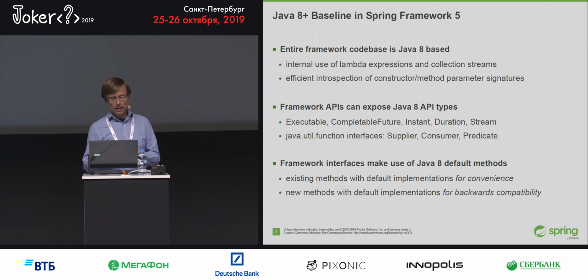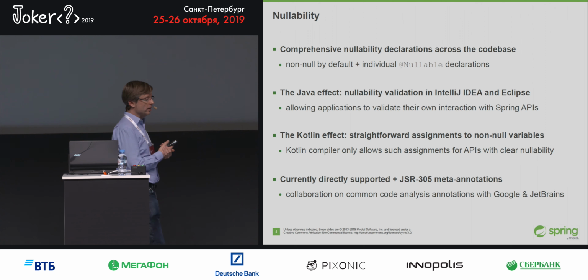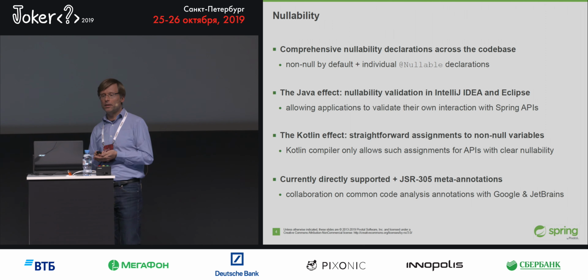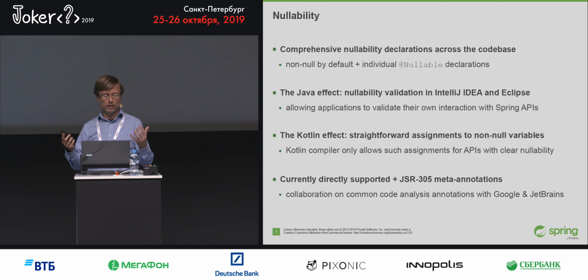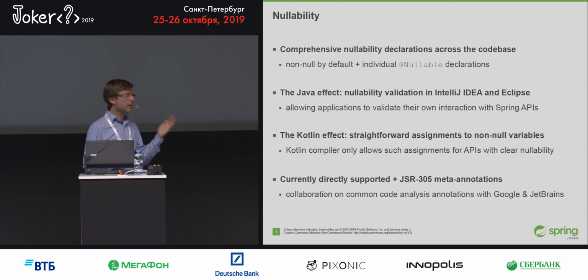There's another theme. Java 8 baseline is one, and it provides a lot of goodness and richness to work with in our API evolution efforts. There's the other theme, and that's nullability.